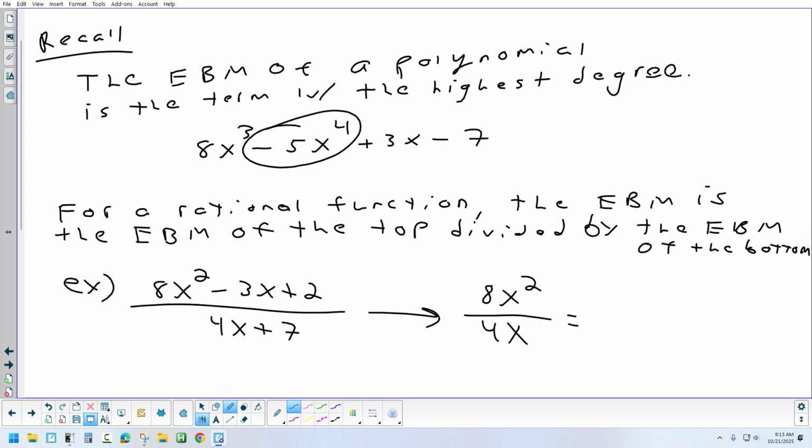Now, when you write an EBM, you do have to reduce it as much as you can. 8 divided by 4 gives me how much? So that gives me 2. And what's x squared divided by x? X. That's the EBM for that problem.